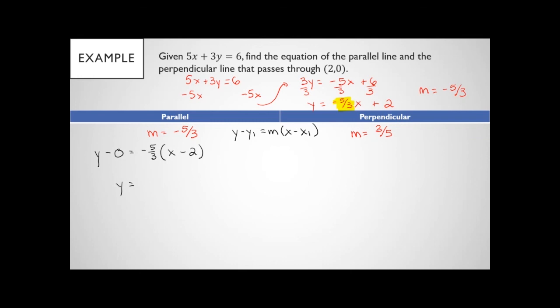So I have a negative 5/3 times x, so that's just negative 5/3 x. And then I have a negative 5/3 times a negative 2, so that's going to be positive. And you do 5 times 2, which is 10, so we're going to get 10/3. And that does not reduce, and we've already got it solved for y because the y1 was 0, so that's your equation.